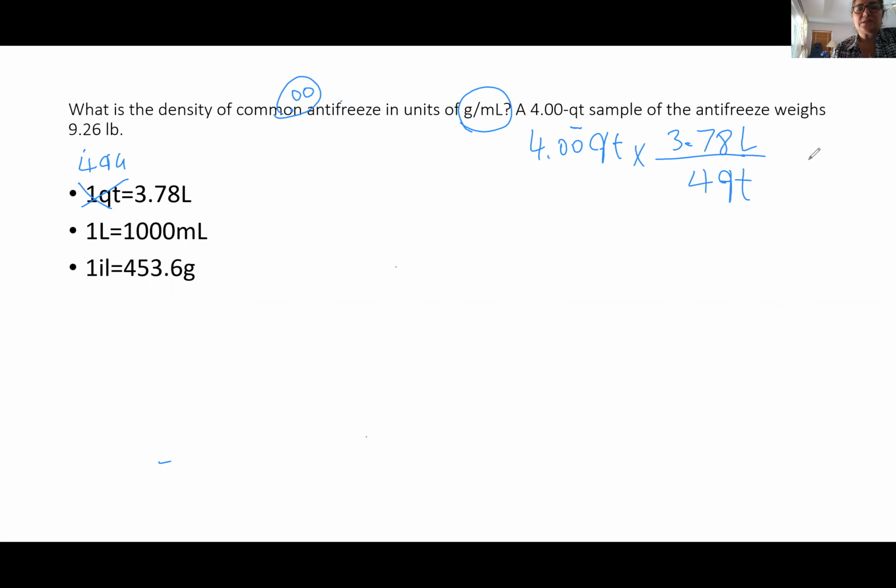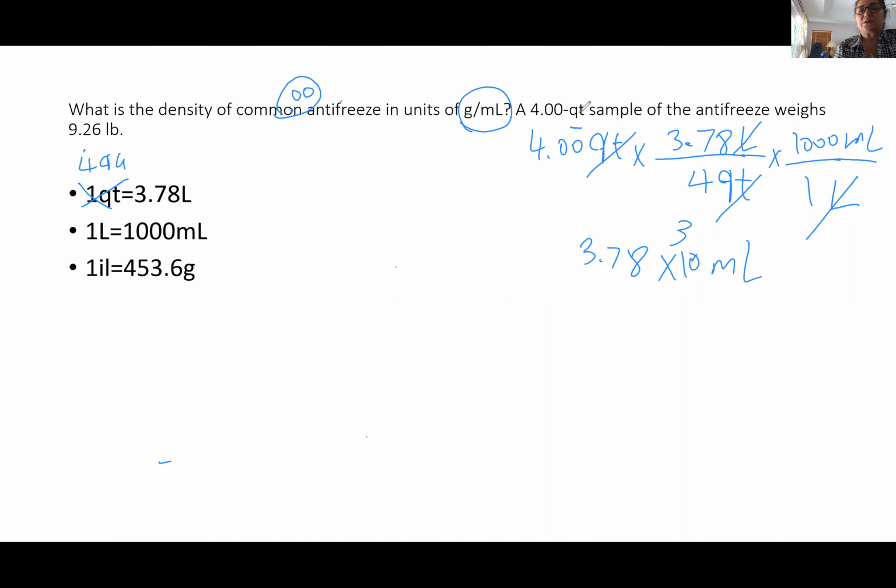And you want to change that to milliliter, it is going to be 1,000 milliliter over 1 liter. So liter would cancel with liter, and quart would cancel with the quart. So this is going to be 3.78 times 10 to the 3 milliliters.